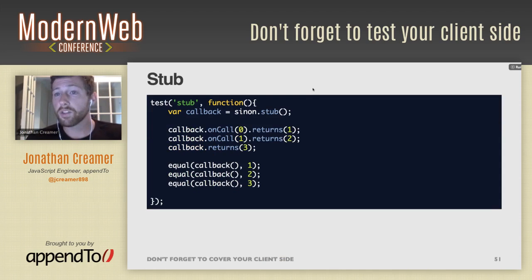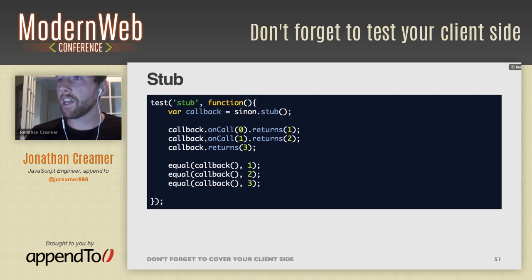So another thing you can do with the stub is fake promise. You can change the execution path of a function. So you'll find maybe if you have some function that kind of changes depending on the arguments or depending on what order it was called in, the stub allows you to change that up.